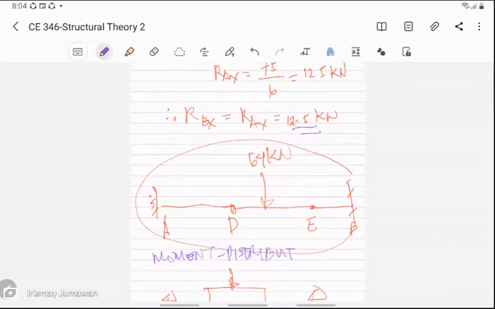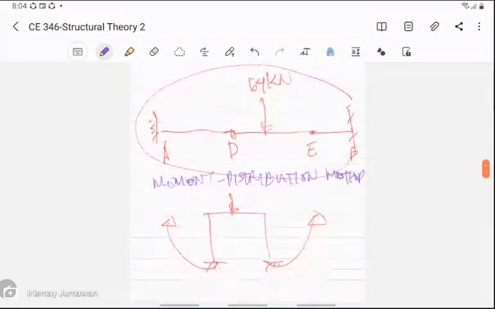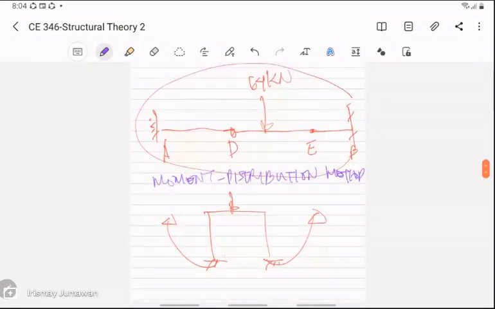When solving using the moment distribution method for all frame classes, you stretch it out. So this frame, you also put it here. You have here fixed, then the load here is 64 kilonewton.